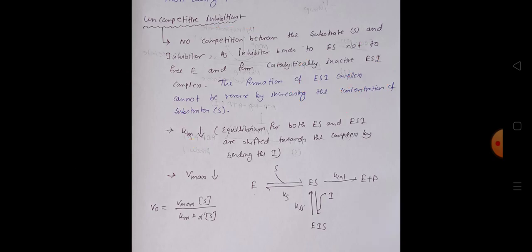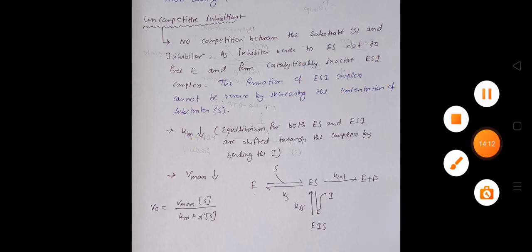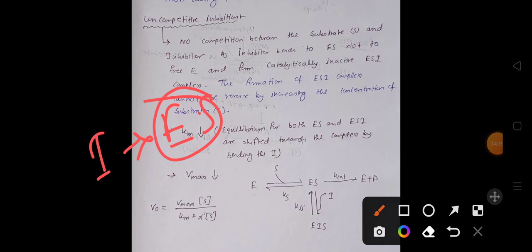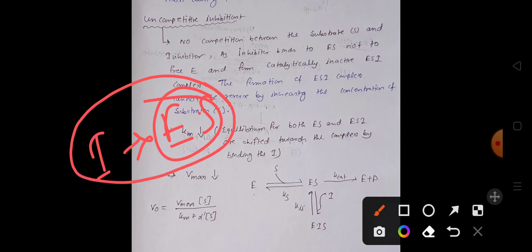And now, as the inhibitor here interacts with the enzyme-substrate complex, there is no doubt that we cannot reverse this reaction by just increasing the concentration of the substrate, right? Because here the enzyme-substrate complex is already formed, and then the inhibitor reacts.